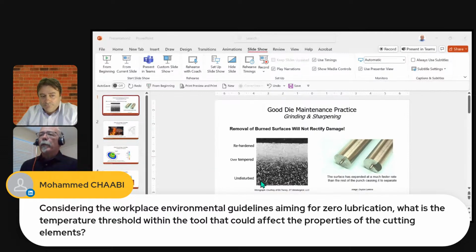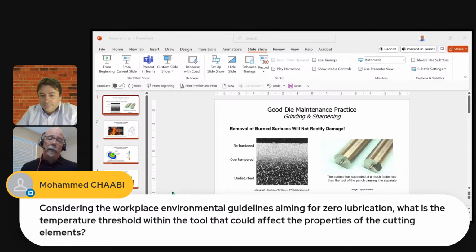So if you're looking at zero lubrication, typically it's not literally going to be zero lubrication. It might be zero liquid lubrication. You may be using a dry lubricant, a wax film. Some coatings for some punches have a degree of lubricity in them that will help to reduce the wear and the heat that's associated.